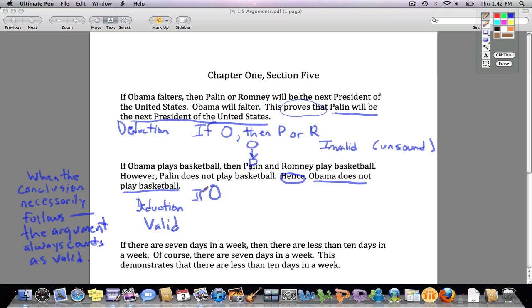If O, then P and R, not P. Palin does not play basketball, leading to the conclusion not O.